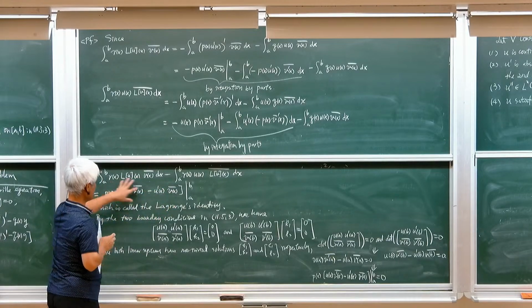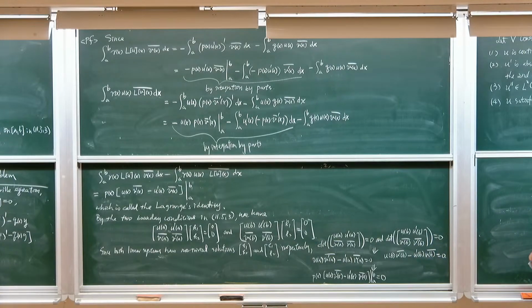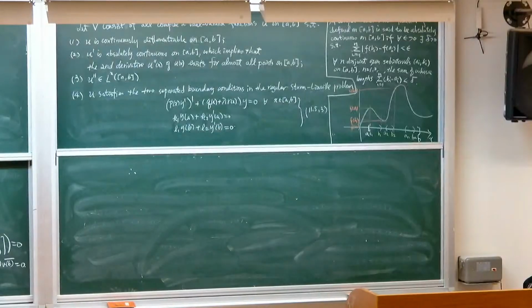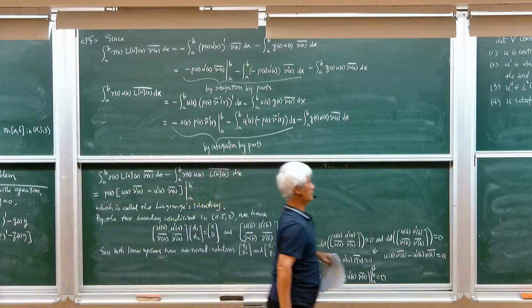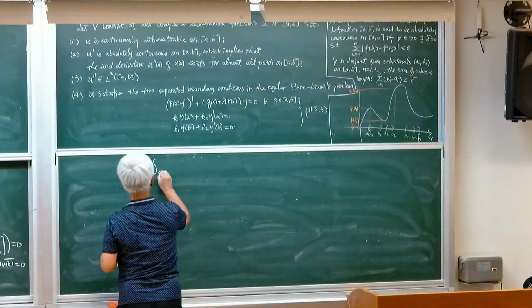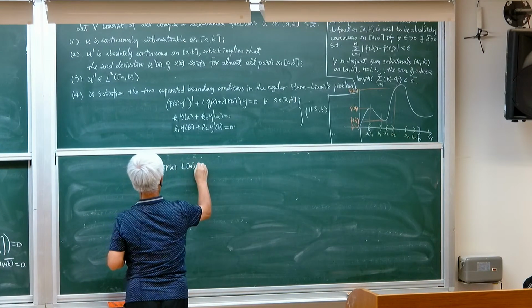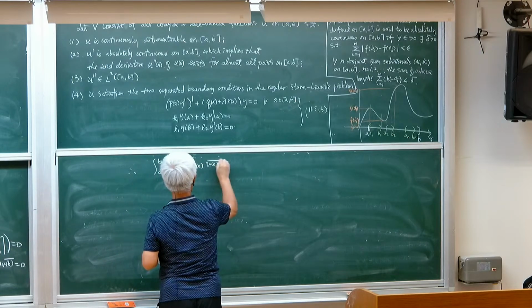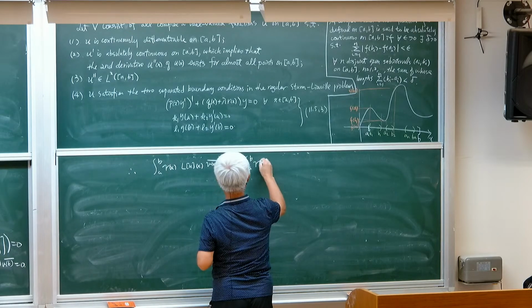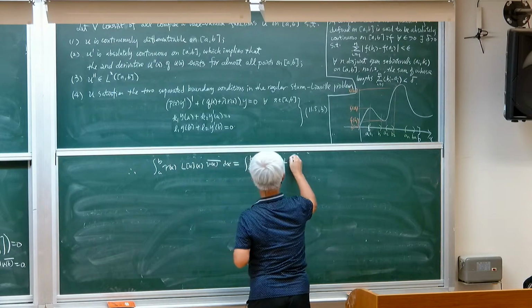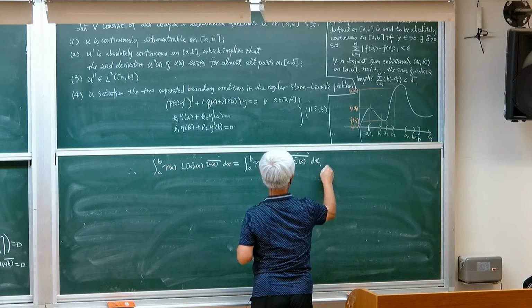So this right-hand side is 0. Alright, so the difference is 0. And so that will be equal to 0 here, right?